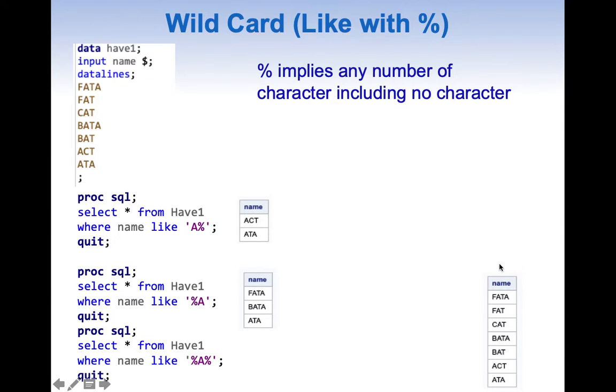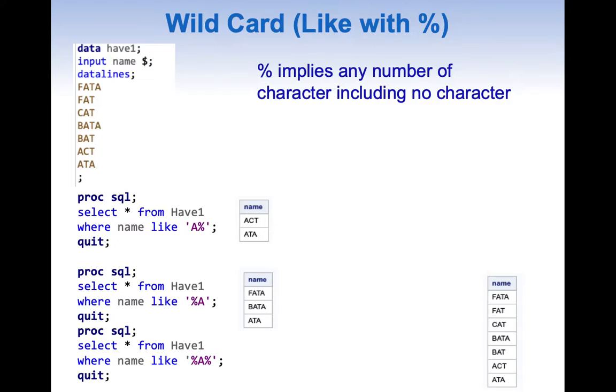So it qualifies almost all records because all of these records have something in the front or something at the back. One important thing I wanted to remind here is again these are also case specific.